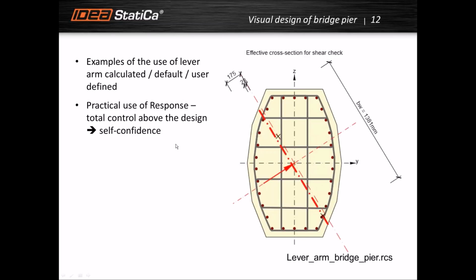First, what we want to show are the examples of lever arm which are calculated or used as a default value or user defined, and we show it in the way that we actually show you the practical use of the response, that you get total control over your design. And if you are sure about the results, what is happening in the section, then you become self-confident and you can decrease your reserves in the design. Of course, you can make a more economic design.